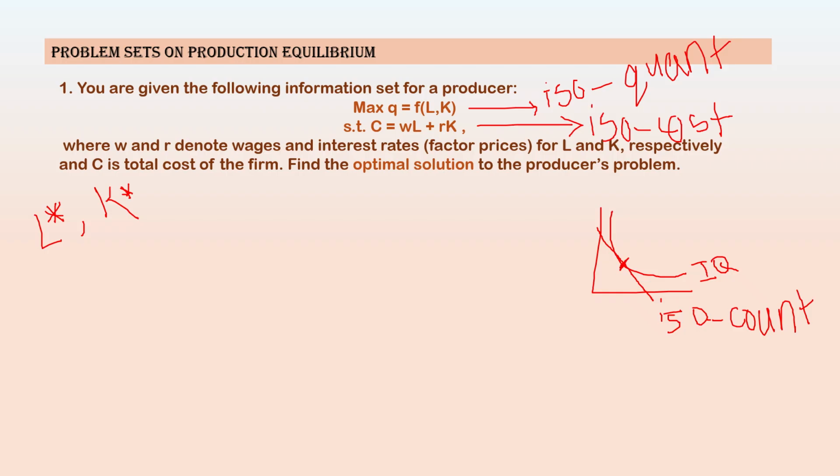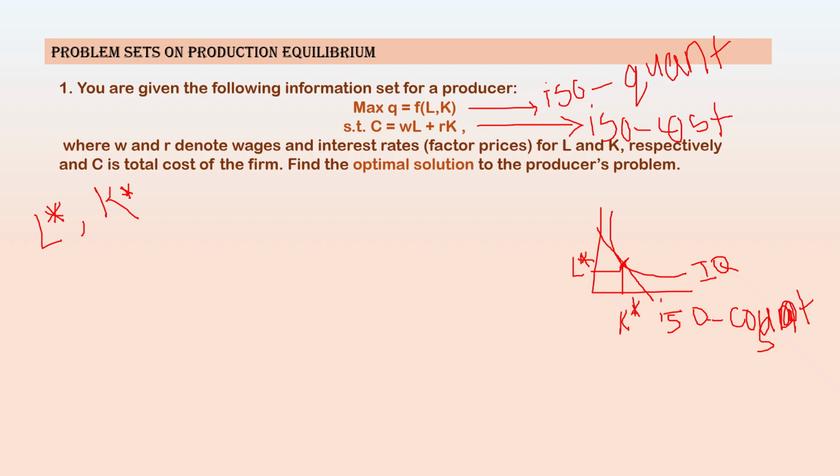That is the point at which the slope of the IQ curve will be equal to the slope of the isocost line. Here we can find K star and L star. So basically what we need to find, to simplify it, is the slope of the IQ curve and the slope of the isocost line, and we then equate those two equations.